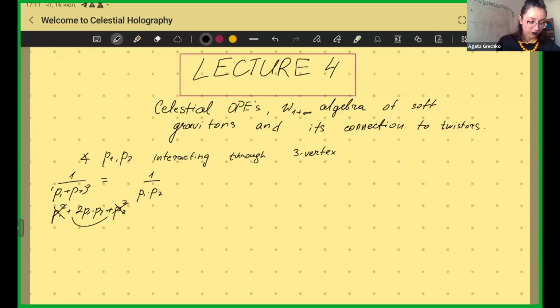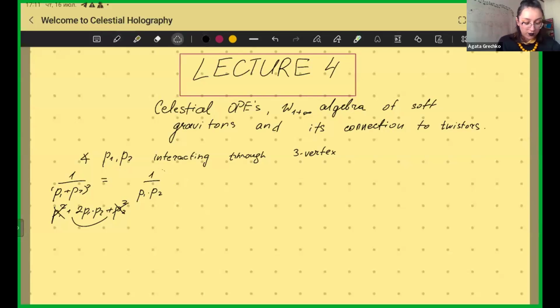So when we consider some scattering process which involves a three-vertex, we get this pole from a propagator.